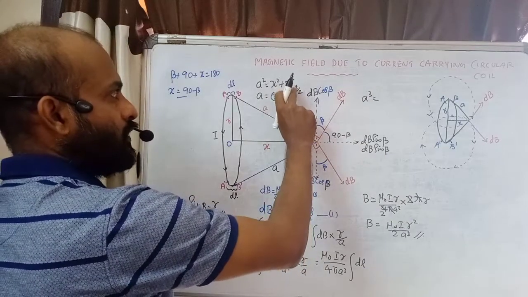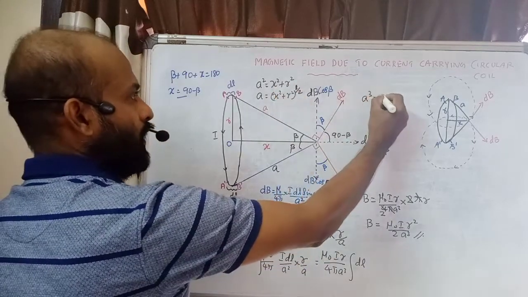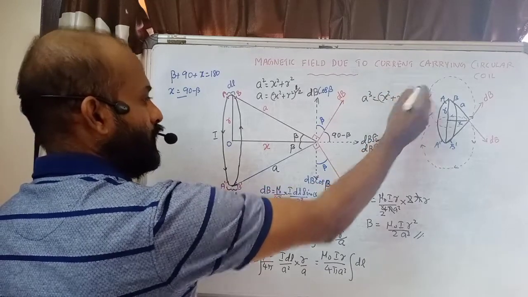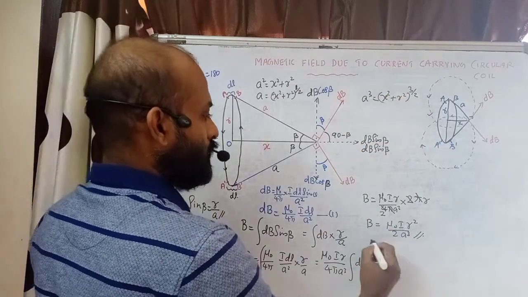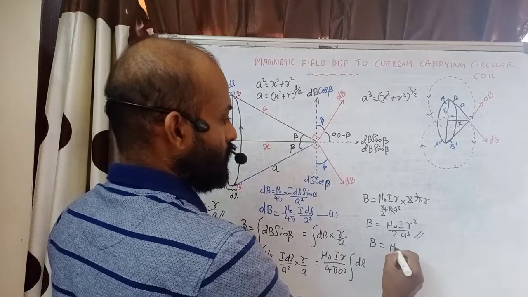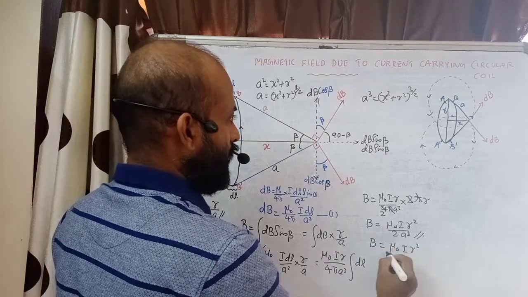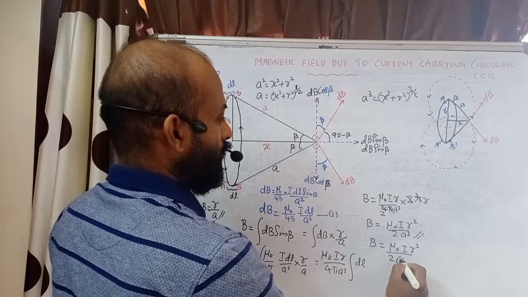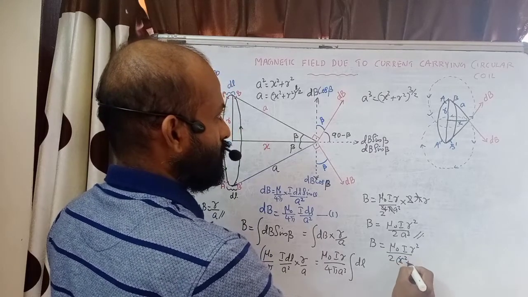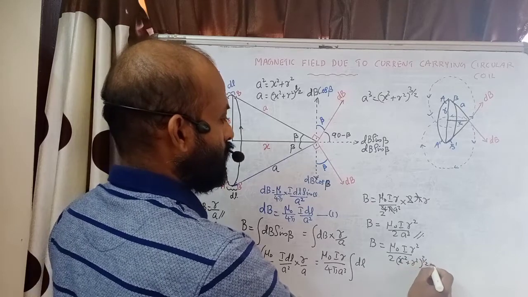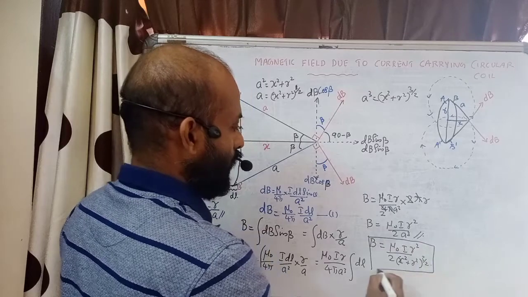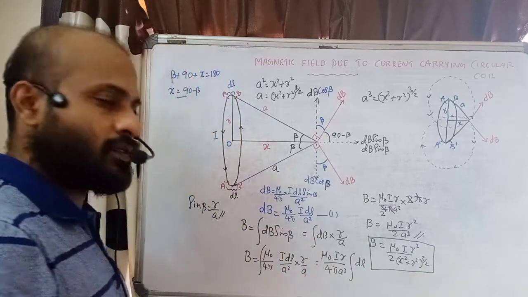When you take the cube of this, you will have x square plus r square raised to 3 by 2. This we substitute here. So what is B? B is equal to mu 0 I r square by 2 into x square plus r square raised to 3 by 2. This is our equation to find the net magnetic field at this point along the axis.